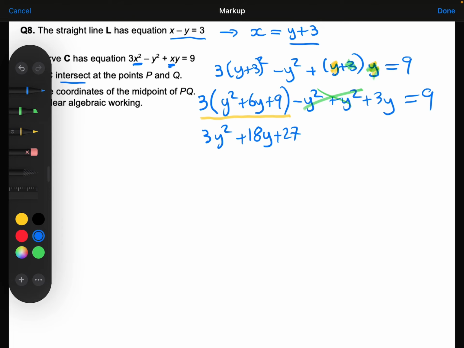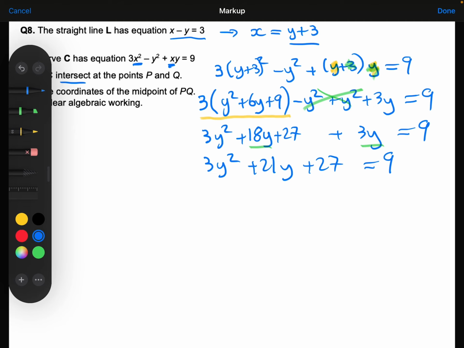I have got the plus 3y there, and that's equal to 9. Right, let's try and simplify this as much as possible, because I've noticed I've got the 18y plus 3y, which is 21y, plus the 27 equals 9.